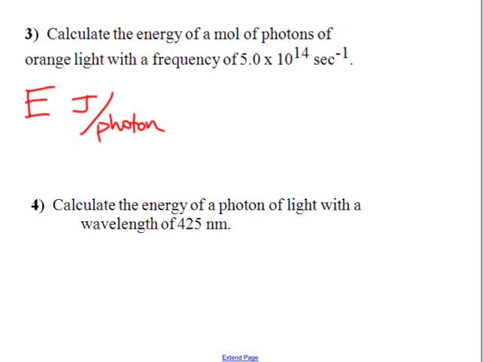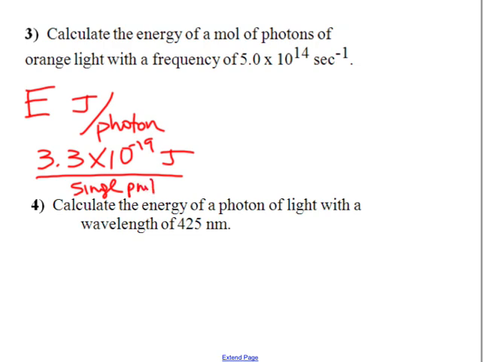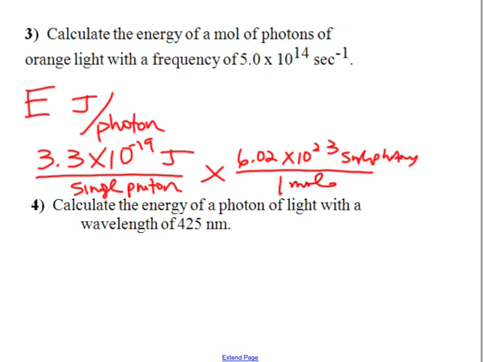So what was our energy from the last problem? Times 10 to the what? Negative 19 was the joules for one photon, so I'm going to put single photon. So then I know that there are 6.02 times 10 to the 23rd single photons in 1 mole of them, correct?